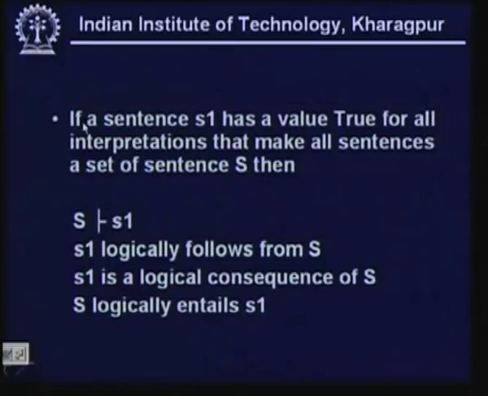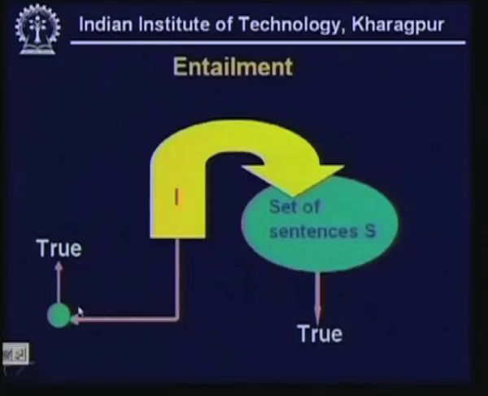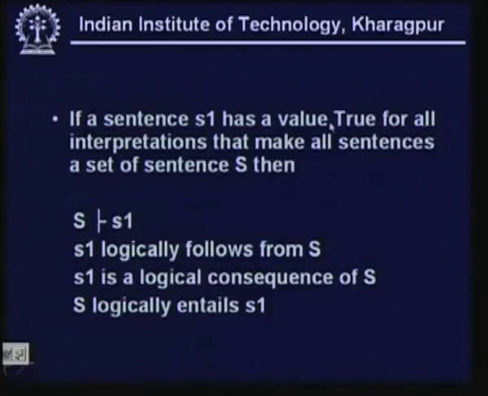Now, put in words: suppose this small bubble is S1, and there is a set of sentences, capital S. If the sentence S1 has a value true for all interpretations that make all sentences in the set S true, then we can say that this set of sentences S logically entails S1.